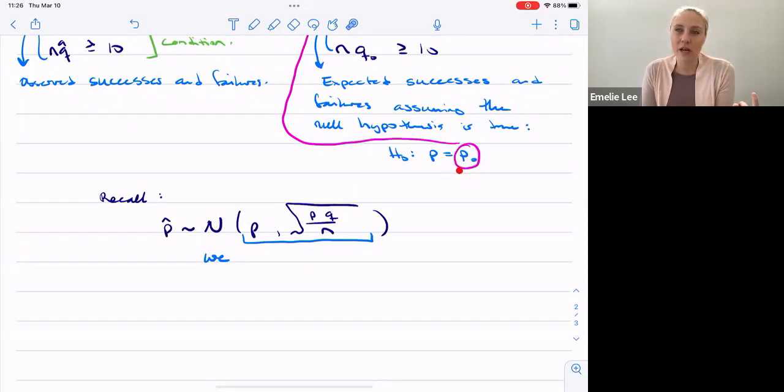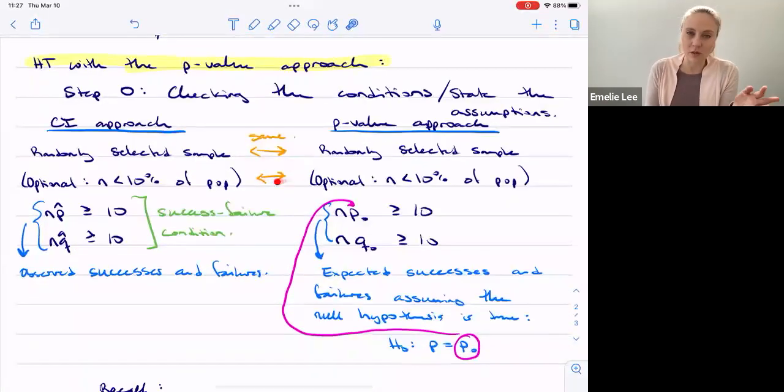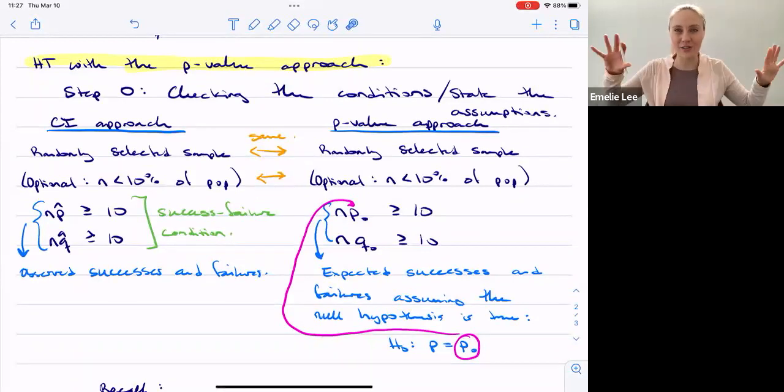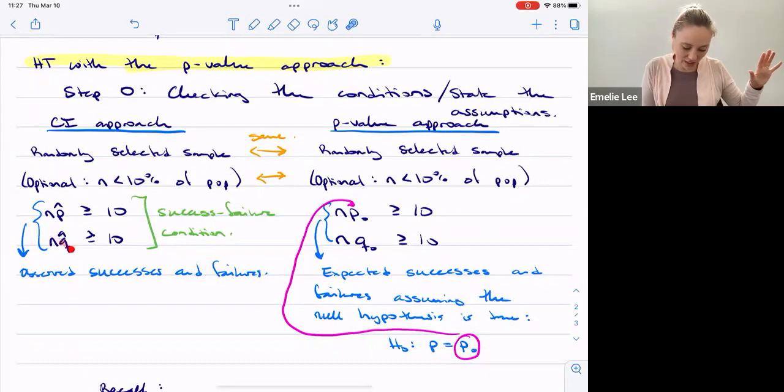That applies for hypothesis testing using the confidence interval as well. But because you're building a confidence interval, you can just check the confidence interval conditions. But it's always safe, if you have a null hypothesis, you can just check both conditions, right? The first two are the same, so you've already done both of them. And then if you wanted to cover all your bases, you could check that you have at least 10 observed successes and at least 10 observed failures.